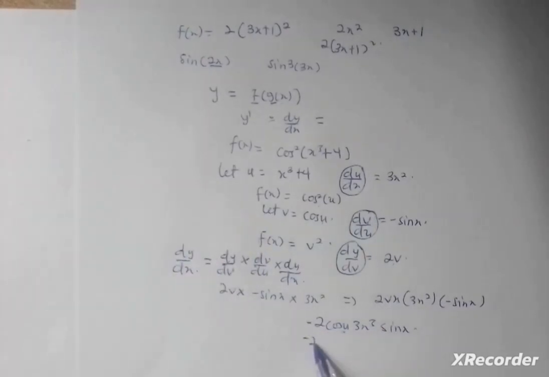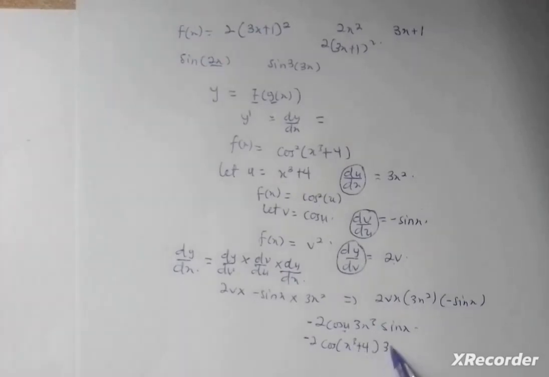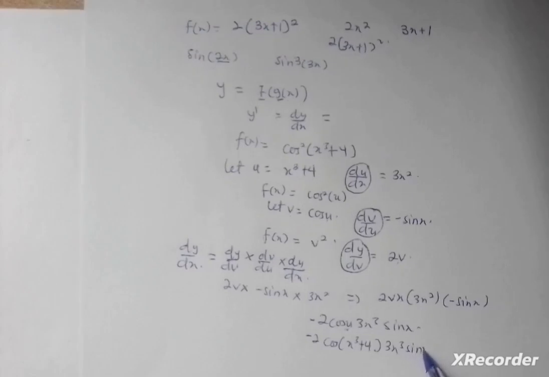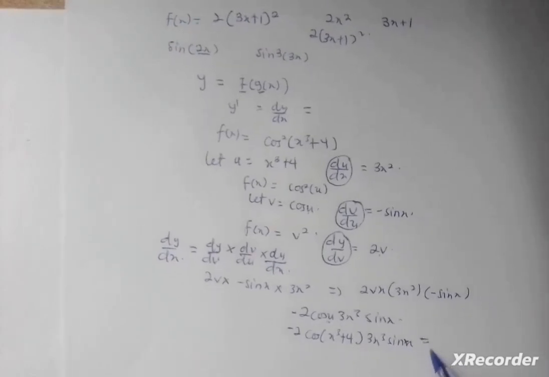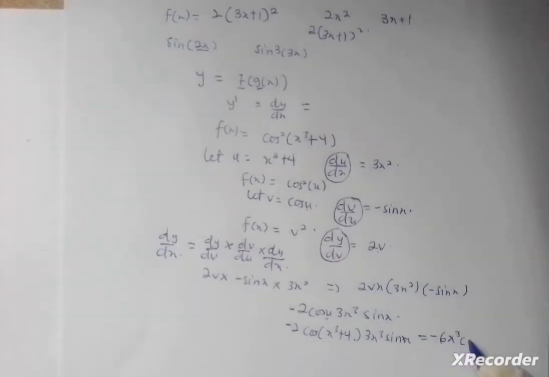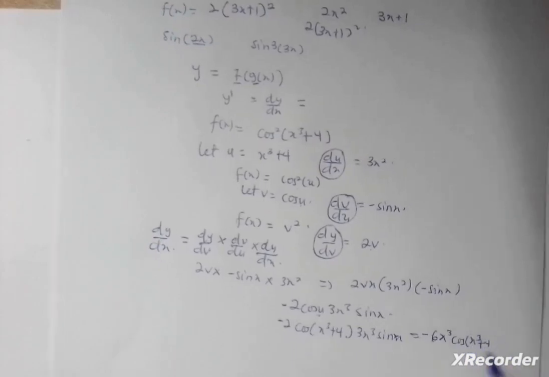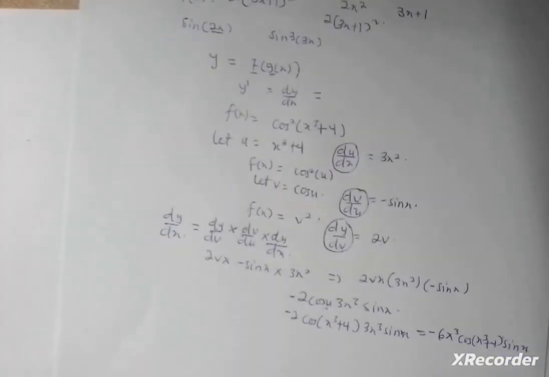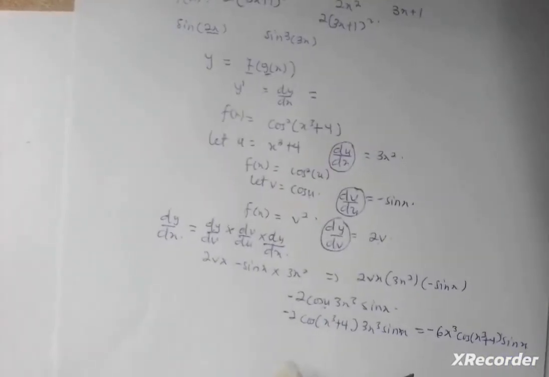So I'll say negative 2 cos the expression x cubed plus 4 multiplying 3x squared sine x. Where this still goes down again, negative 2 multiplied by 3, so again negative 6x to the power 2 cos x cubed plus 4, then sine x as my final solution.